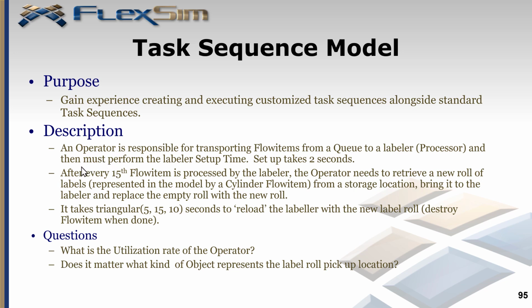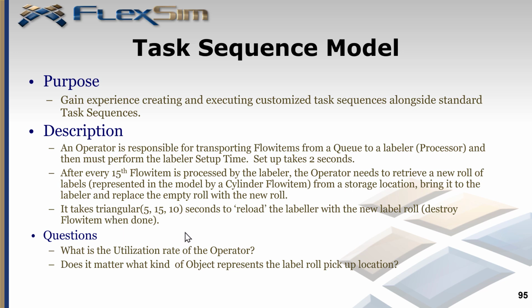After every 15th flow item is processed by this labeler, the operator needs to retrieve a new roll of labels, represented in the model by a cylinder flow item, from a storage location, that's any object of your choice, bring it to the labeler, and replace the empty roll with the new roll. It takes this number of seconds, represented by the triangular distribution, to reload the labeler with the new label roll. And then you can destroy that flow item that represents the roll when you're done.